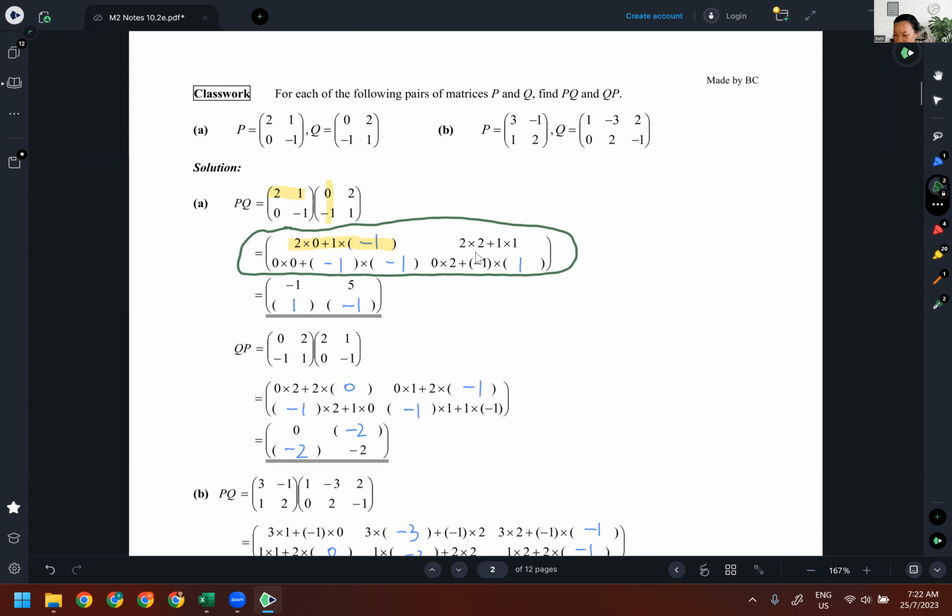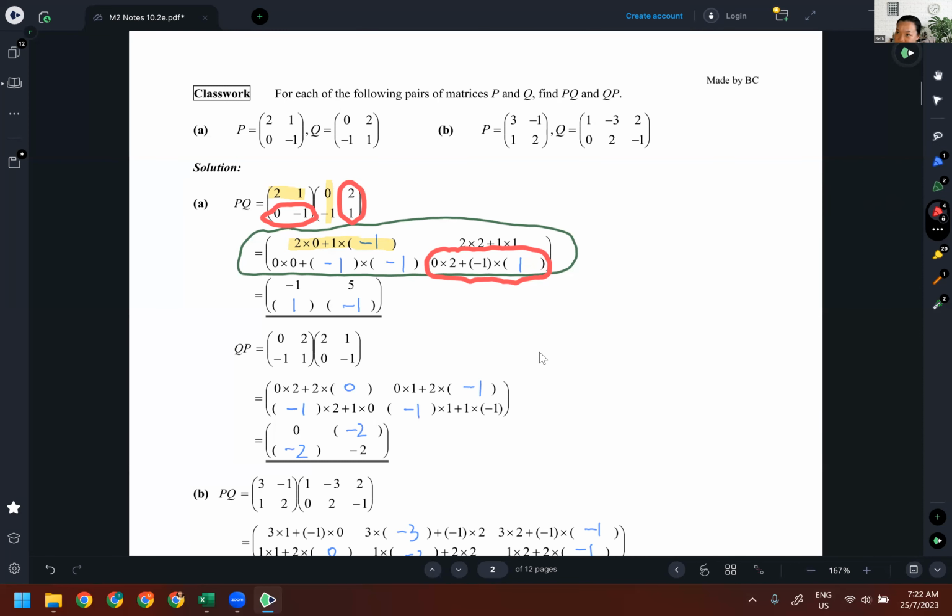For example, suppose I'm going to calculate the last one. That's the second row and the second column. I'm using all four numbers. And you write it down. Don't try to figure it out in your head. Write it down, and then you calculate. This is the final answer.